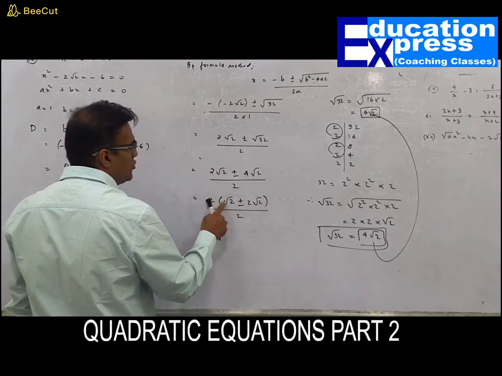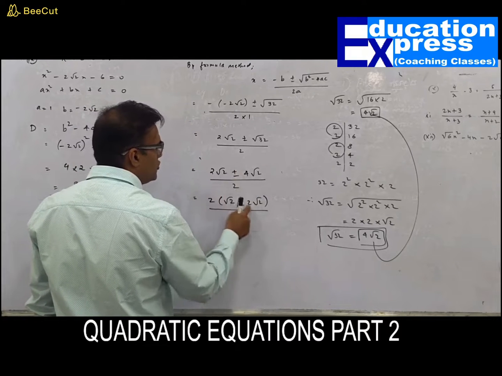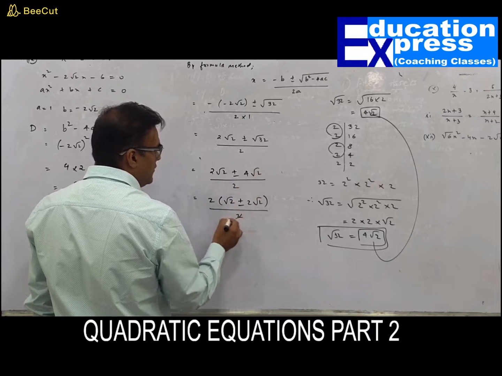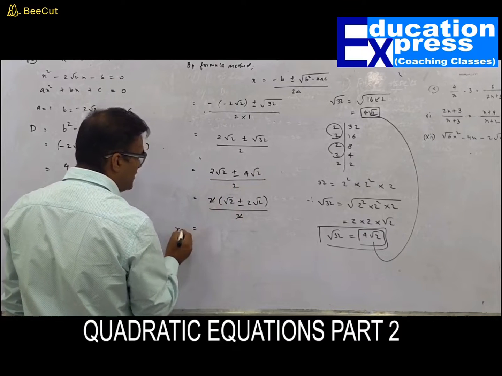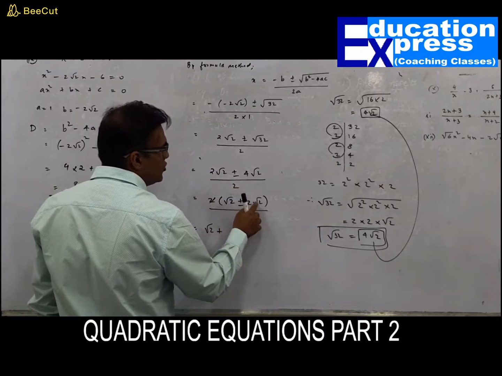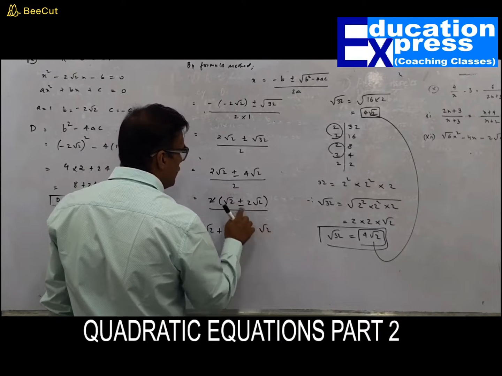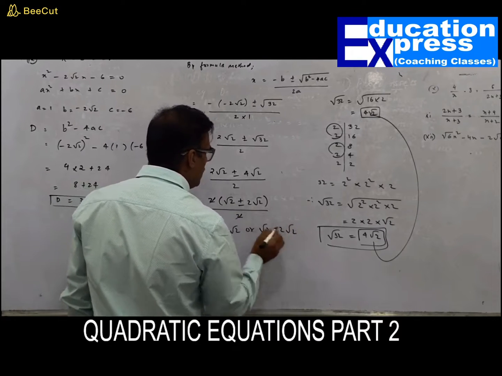You can check it. 2 into root 2, 2 root 2 plus minus 2 2s are 4 root 2. This 2 will get cancelled. Your final answer x equals to root 2 plus 2 root 2 or root 2 minus 2 root 2.